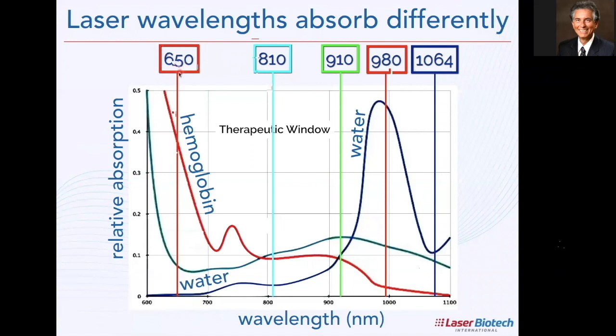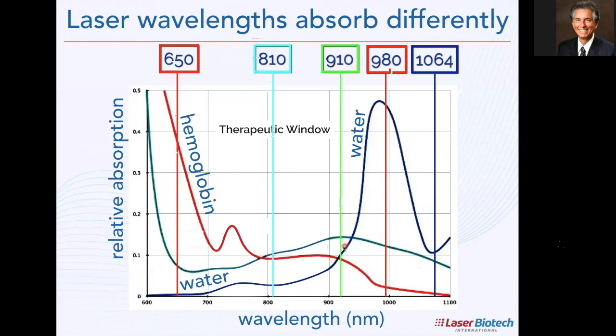Because of the higher scatter, meaning it spreads out, and the intersection with the hemoglobin red in the blood, 650 is a poor penetrator into the tissues, but it's good for superficial conditions, like skin stuff. Next, we move to a very popular one, this 810. You can see the intersection is much lower, which means that the 810 will penetrate better than the 650, relatively speaking.